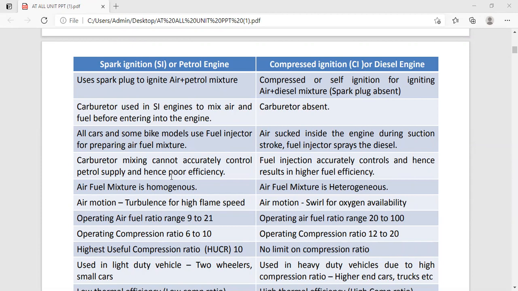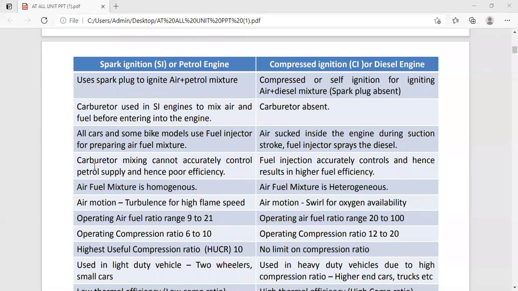So this is the third point. Next, fourth point: carburetor mixing cannot accurately control the petrol supply, hence it has poor efficiency. But with fuel injection, we maintain accuracy and control the fuel, so it gives higher fuel efficiency.